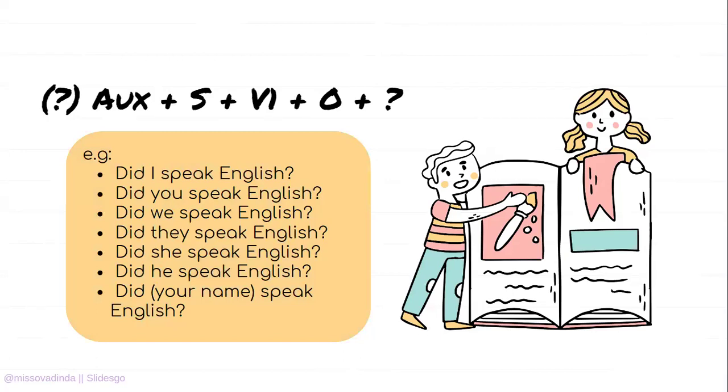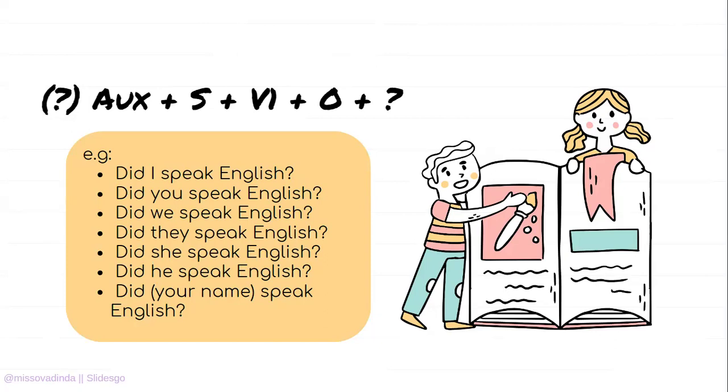The next slide is interrogative. You know apakah, it's not what. Apakah has a yes or no answer. That's why we can call the interrogative a yes-no question, because the answer is only yes or no. As I taught before, to make a question sentence you switch the subject and the auxiliary or to be.